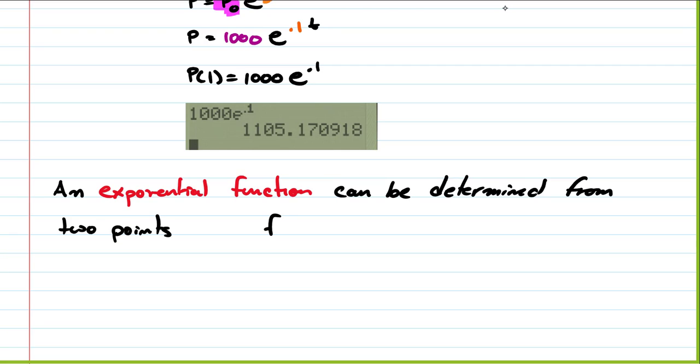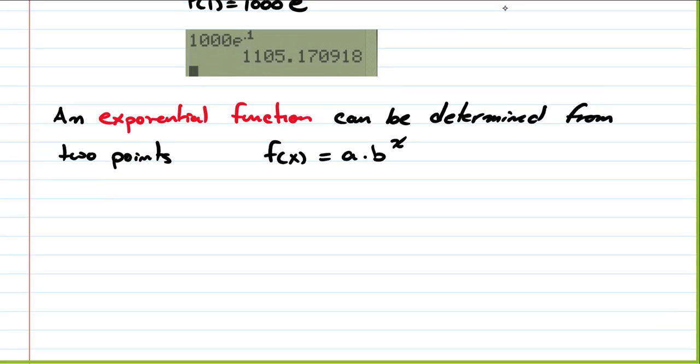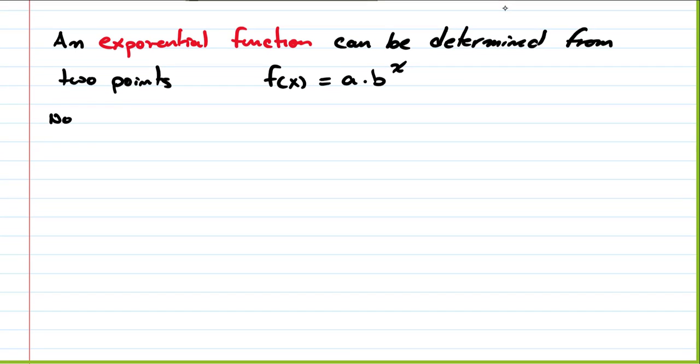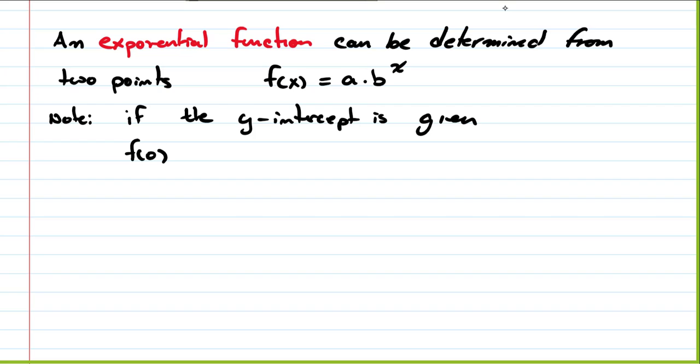So our general exponential function is f of x equals a times b to the x. It's worth noting, if 1 point is the y-intercept, if the y-intercept is given, f of 0 is the y-intercept, would be a times b raised to the 0 power.